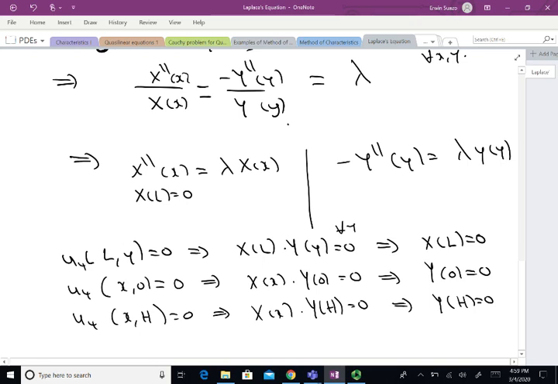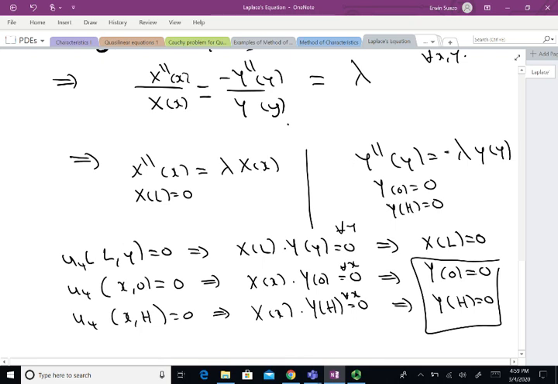Now u(x, 0) equals 0 holds for all x, so Y of 0 equals 0. And the last one, X of x times Y of h equals 0, gives Y of h equals 0, because this was true for all x. So in conclusion, I have one condition for X, X of L equals 0, and for Y I have Y of 0 equals 0 and Y of h equals 0.